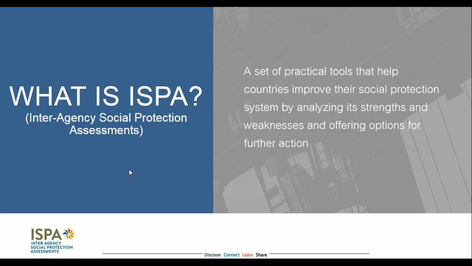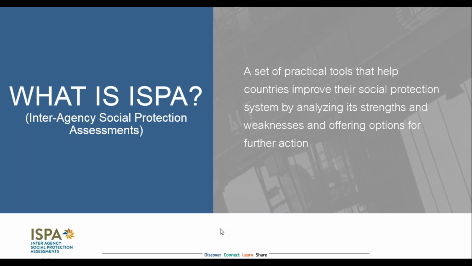A very quick introduction to ISPA. ISPA is an interagency process. It's a set of very practical tools that have been developed to help governments analyze the strengths and weaknesses of the social protection systems, both the system as a whole but also individual components of the system.